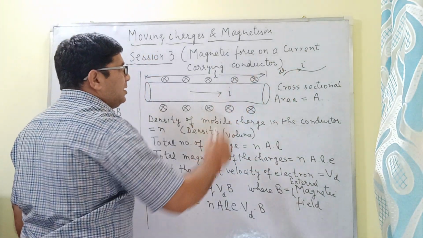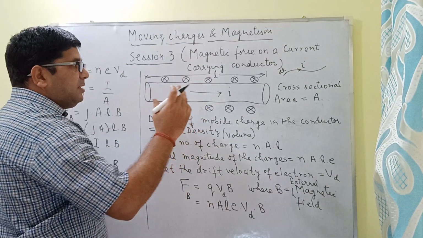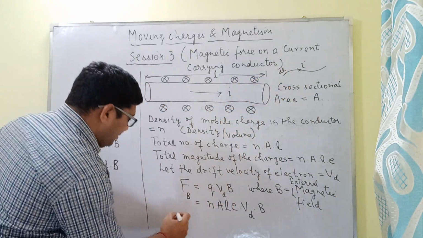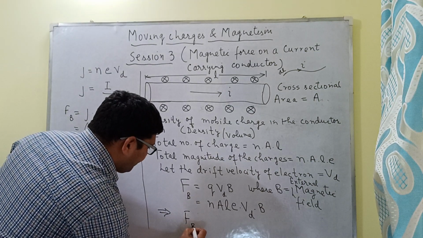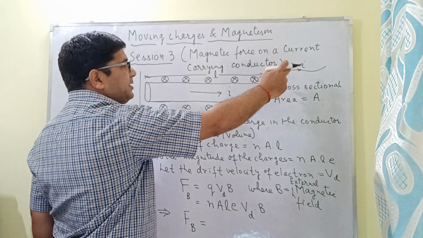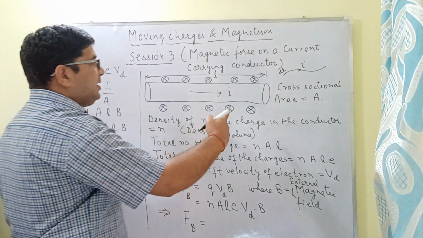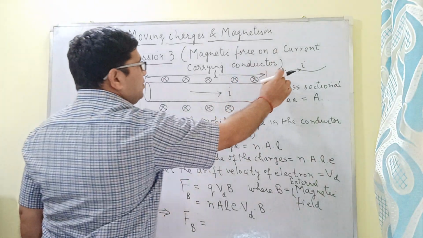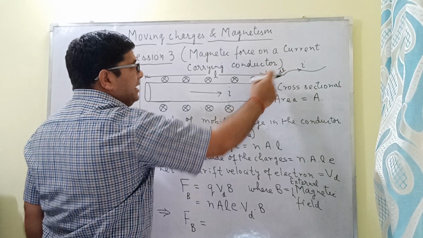Then we will sum all these magnetic forces, and it can be written that the total magnetic force on this current carrying conductor which is not straight in length will be equal to the sum of the magnetic forces due to these individual very very small linear lengths.